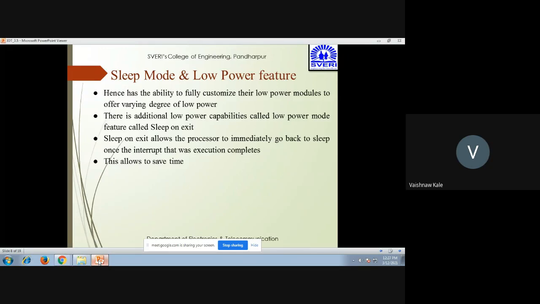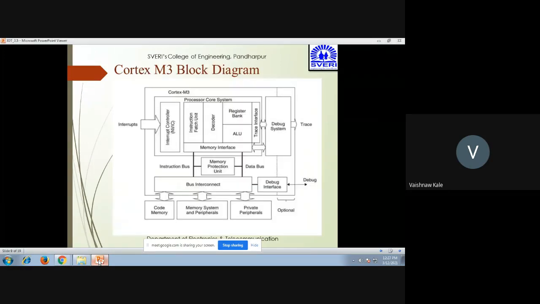Sleep on exit allows the processor to immediately go back to sleep once the interrupt execution completes. This saves time, and it also consumes less power. So this is called a low power feature of the Cortex M3 microcontroller.